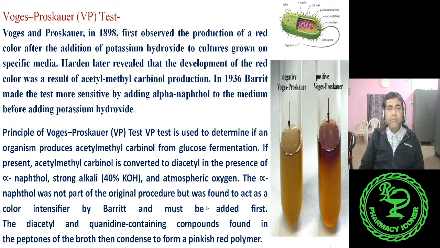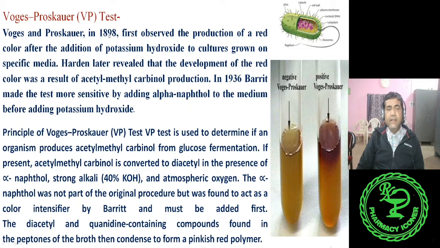Next is VP, that is the Voges-Proskauer test. Voges and Proskauer, they are the scientists who in 1898 first observed the production of a red color after addition of potassium hydroxide to culture grown on specific media.